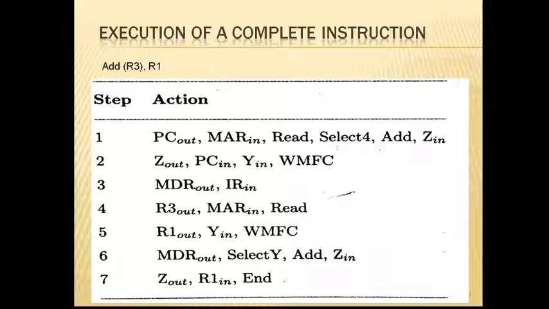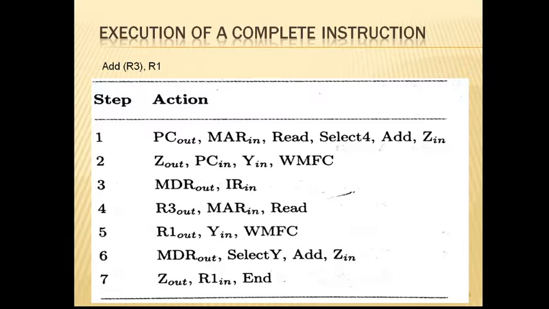This figure gives the sequence of control steps that are required to perform these operations. Operations are nothing but fetching the instruction, then fetching the first operand, and then performing the addition or depending on the operation. And the last one is load the result into R1. That is nothing but loading the result into either a register or it may be a memory location also. So in this case it is a register.